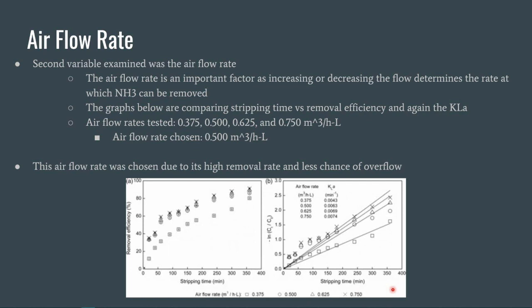For example, the slowest airflow rate of 0.375, represented as the square, shows that at a lower airflow rate, the removal efficiency is not as high compared to any other flow rate, such as 0.500, 0.625, or even 0.750. The rate they chose in this situation was 0.500 meters cubed per hour, due to the possibility of overflow going any higher.